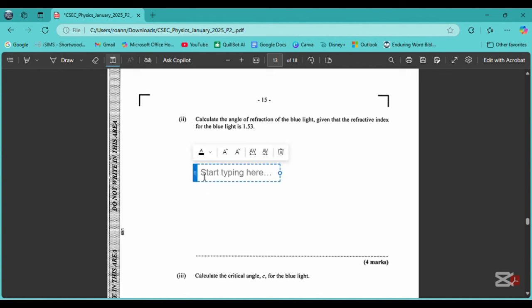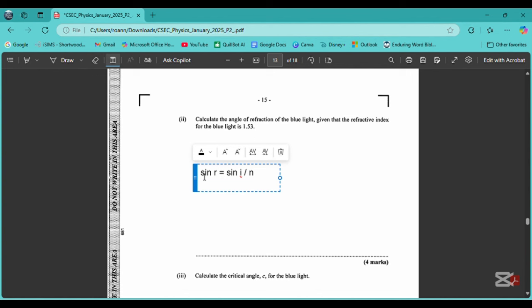And we need to find the angle of refraction, so we transpose to make sine r the subject, and that is sine i over n. So therefore, r would be equal to sine inverse of sine i over n.